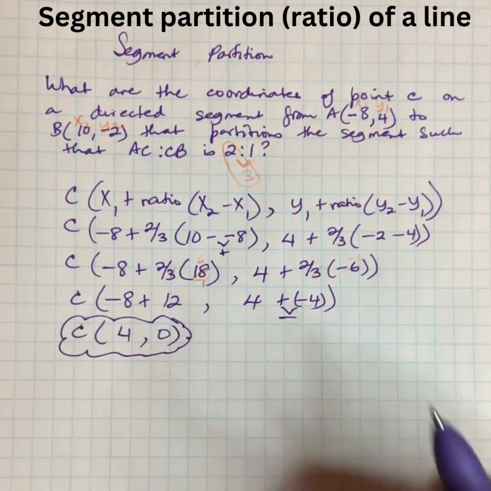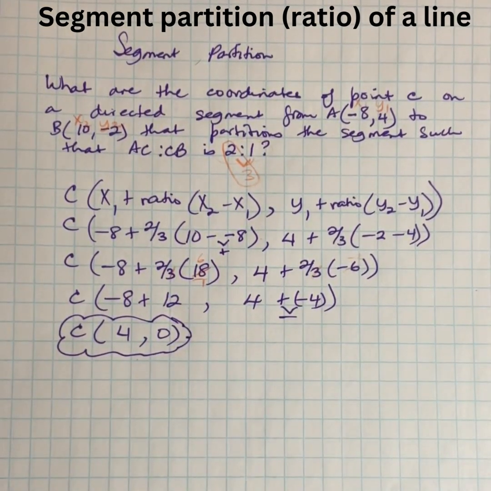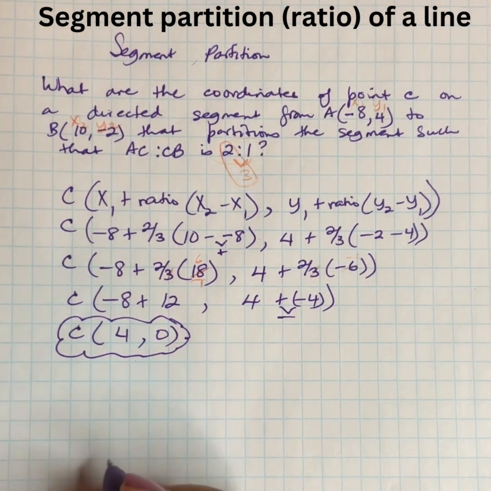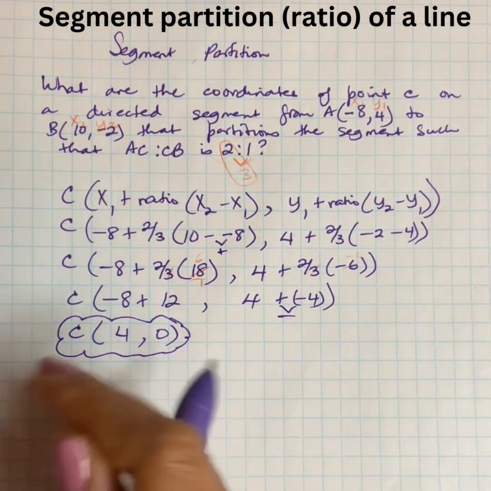Now, I want to say something to you. If, for instance, they are not dealing with segment partition and you're given a question to find the midpoint of something, you can use the same formula to find the midpoint of a line segment given the coordinates.